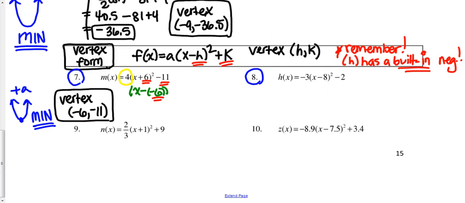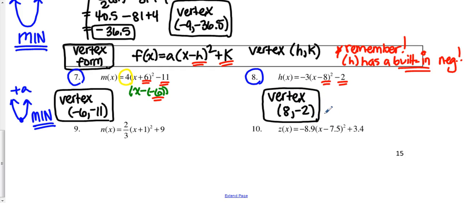Finally, number 8. Again, I've got vertex form, so I can just pay attention to h and k. Remember, we have a built-in negative, so a positive 8 got plugged in here for this to stay x minus 8. So my vertex will be 8 comma negative 2.